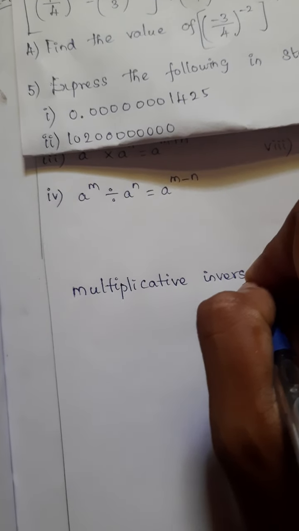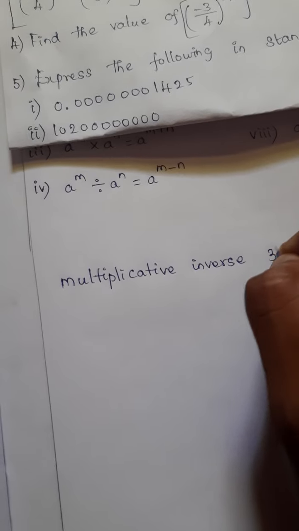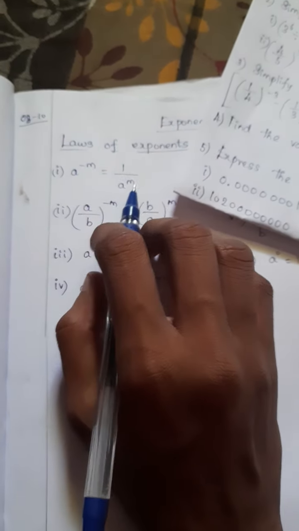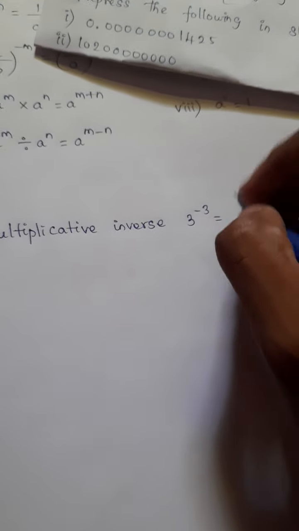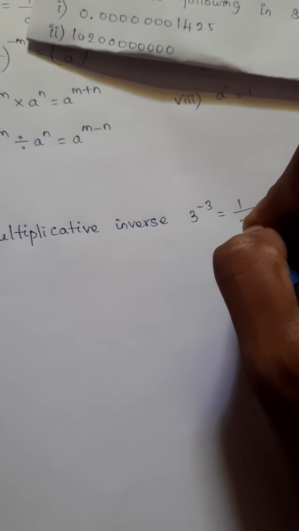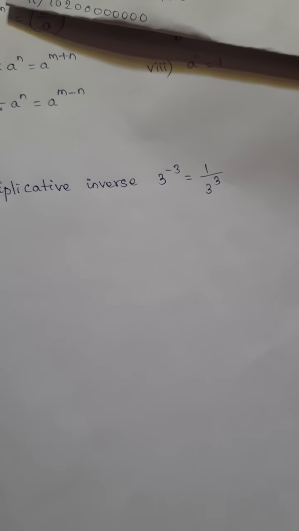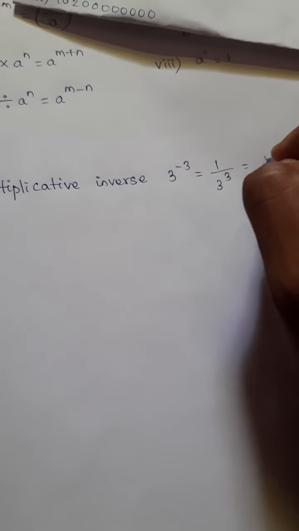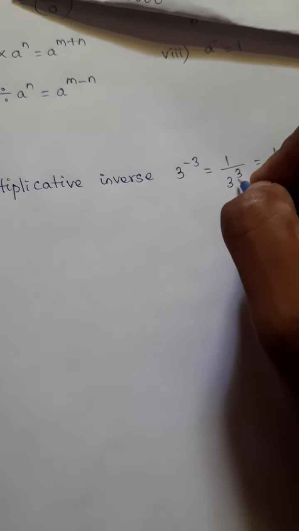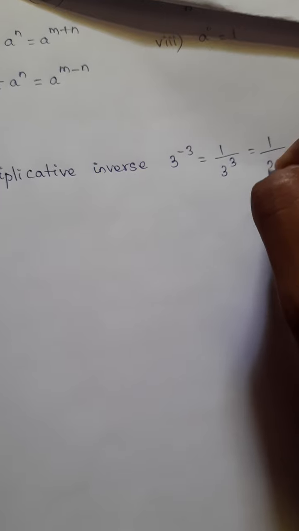the first law. What we wrote, a power minus m is equal to 1 by a power m. So 1 by 3 power 3. Yes, that's it. 3 power 3 is nothing but 3 multiplied thrice.